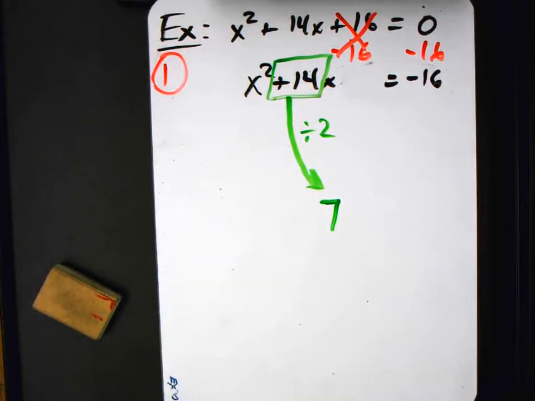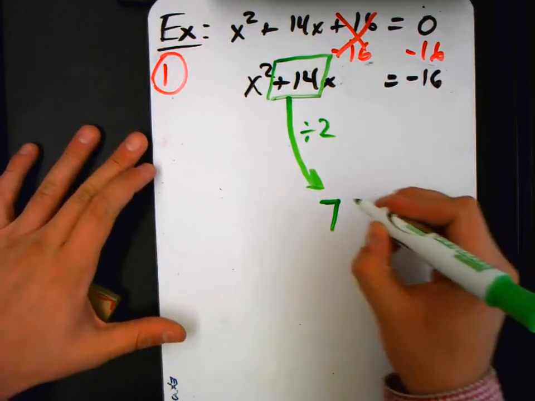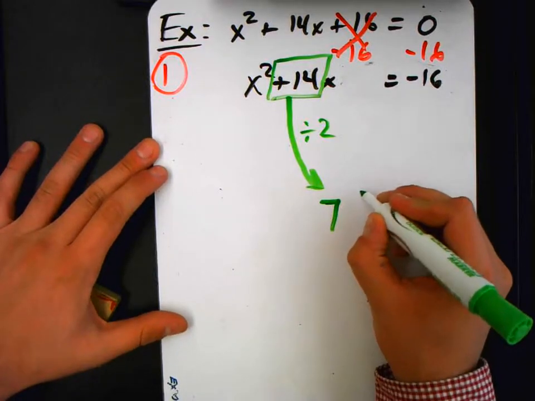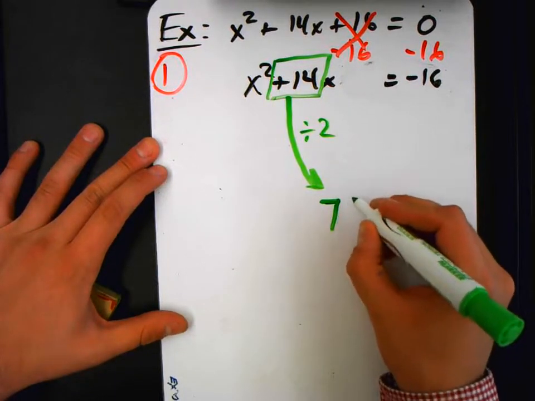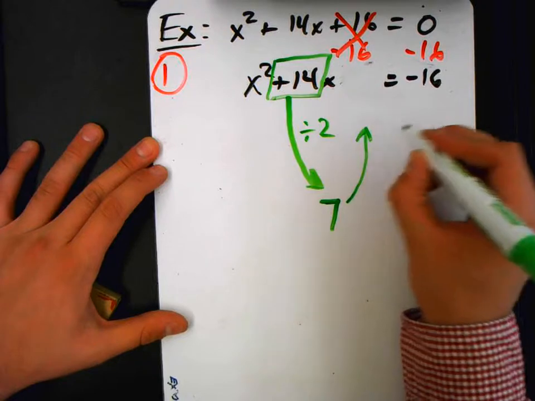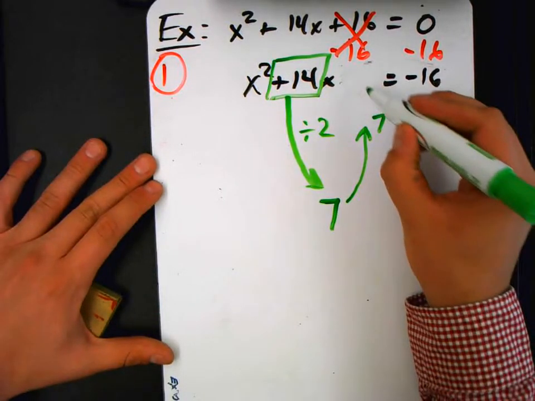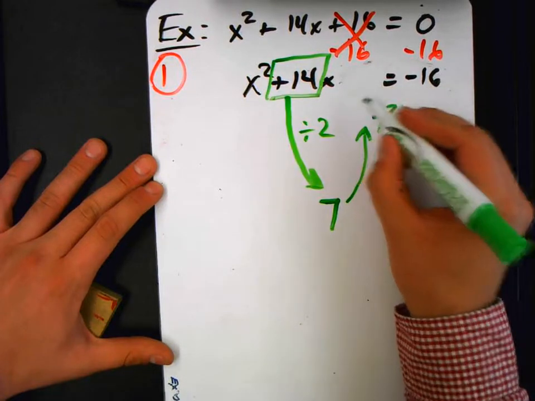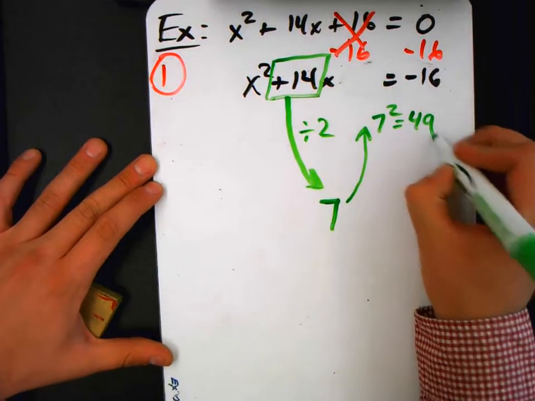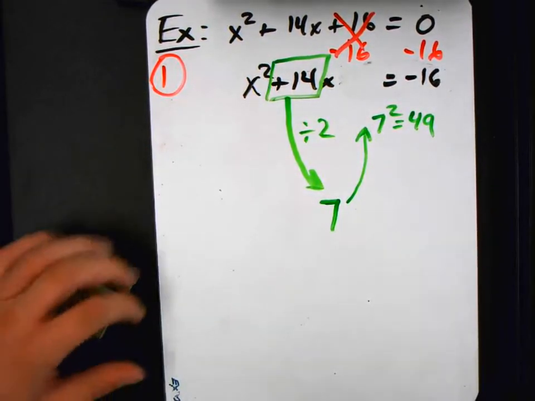Then we are going to take this number and square it. Take 7 squared, and this gives us 49. 7 times 7 is 49.